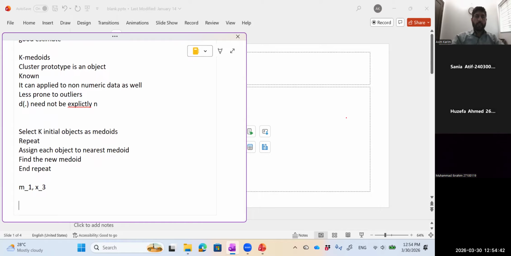So anyone can guess what that property could be? An important property of a middle object? So an object would be centrally located if the distances of all other objects from that object is a minimum. ठीक है.